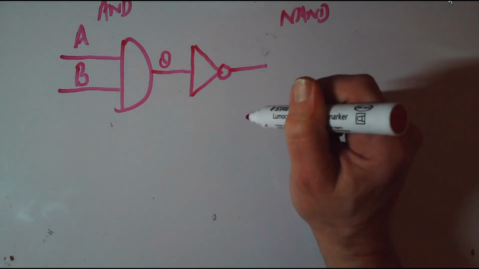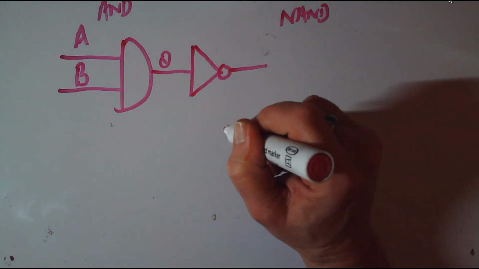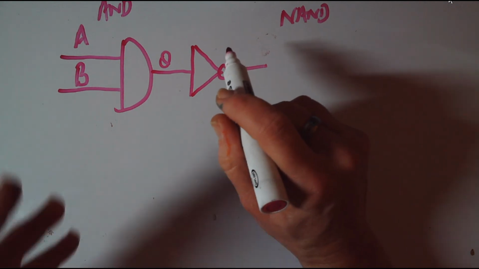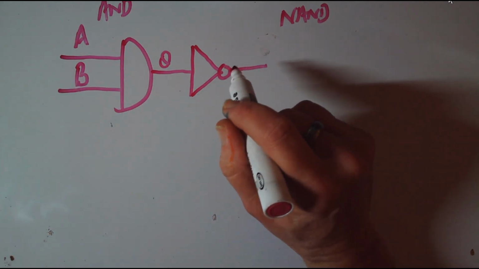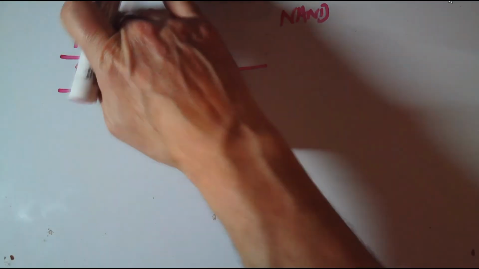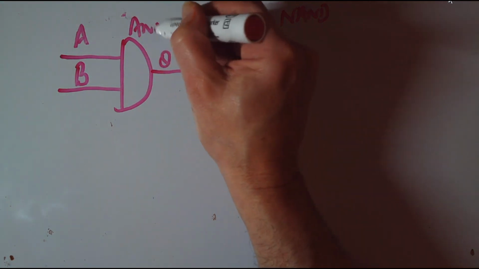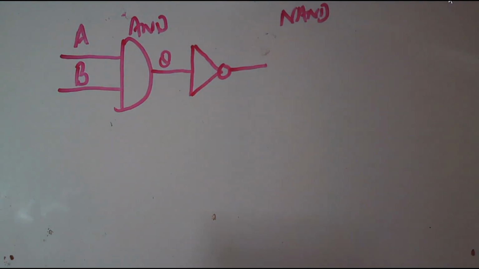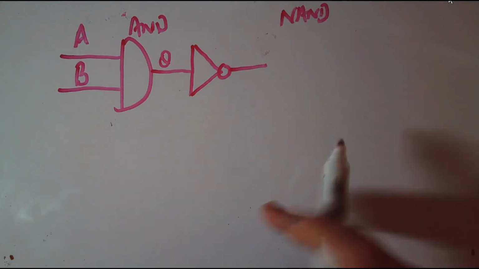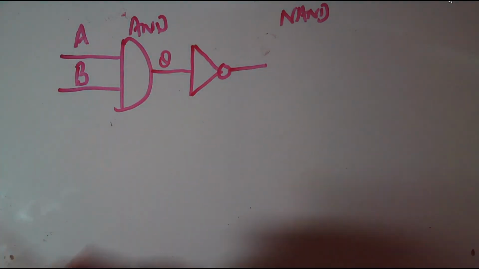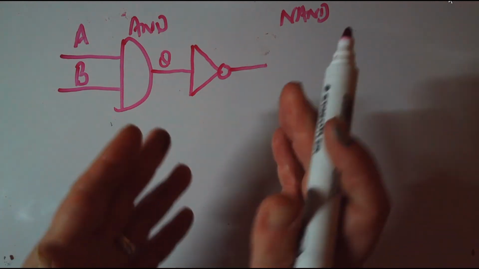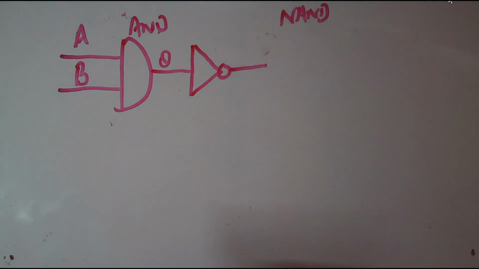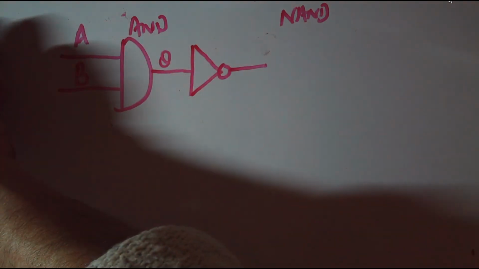What I am going to do, however, is to express this combination of gates using the mathematical expressions and symbols that you saw a little bit earlier on. So let me just write that a little bit lower so that you can see it on the screen. So we have an AND gate, and then at the end here is actually a NOT gate. So how might we express this combination of gates and combination of logic using our mathematical approach that we saw earlier?